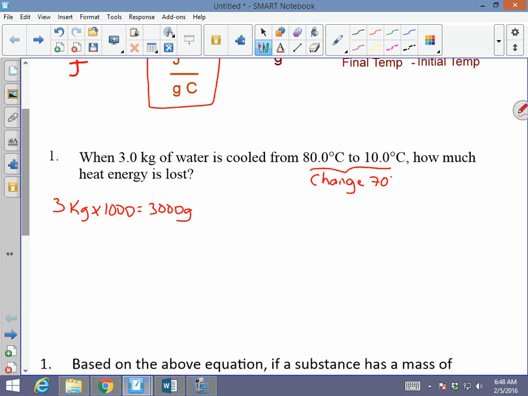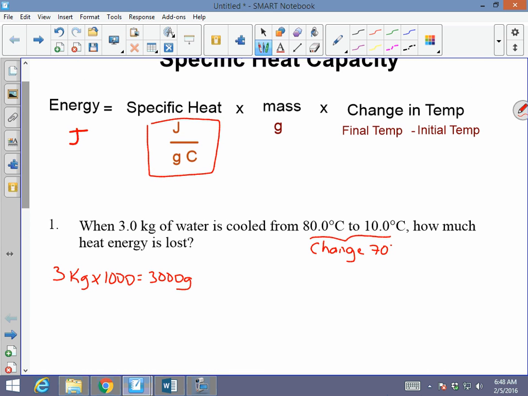So if I look at the equation above, I do have the mass, I do have the change in temperature, but I don't have the specific heat nor energy. Well, the specific heat capacity of water is given on a chart, given on the table, and the value is 4.184. So I have now all my variables.